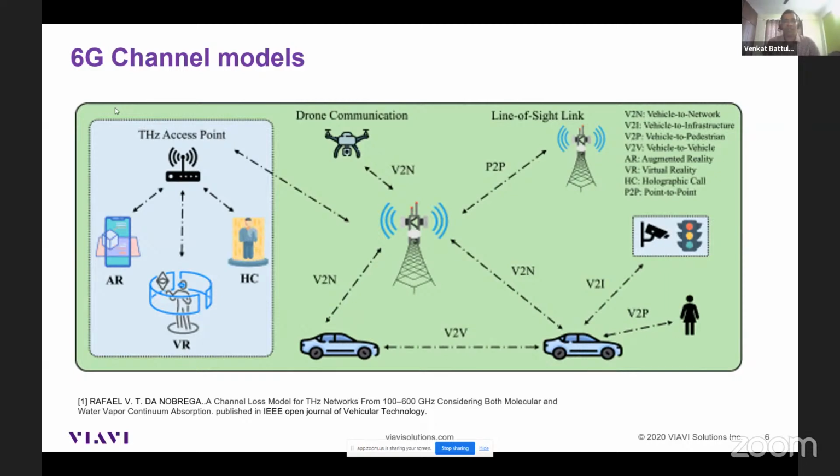And then we have new stuff coming in. Drones are now becoming active service providers, making deliveries to remote areas and other parts. So drone communication is going to come. Then we spoke about the terahertz access point.